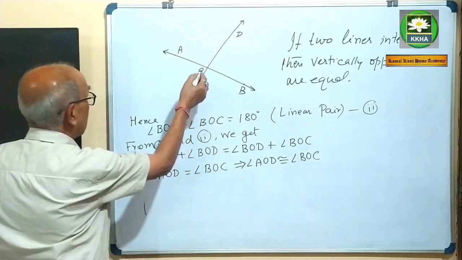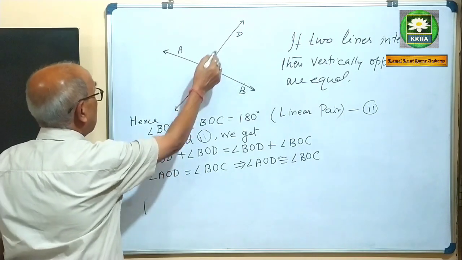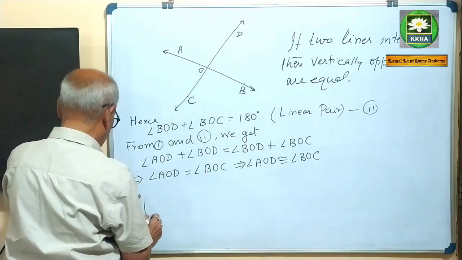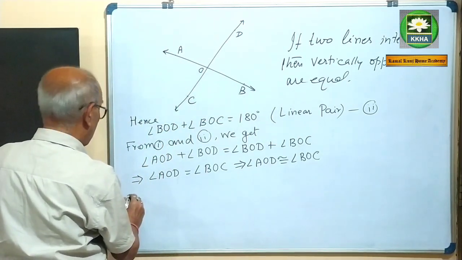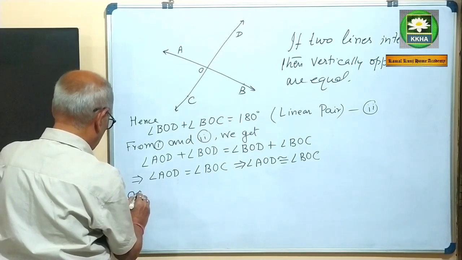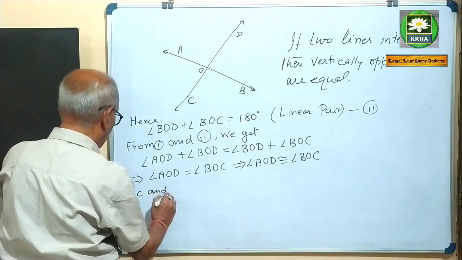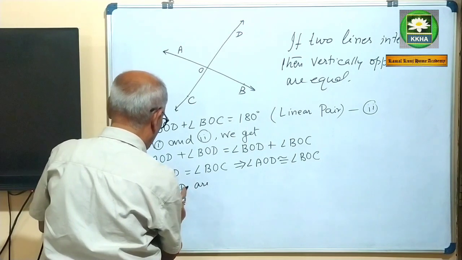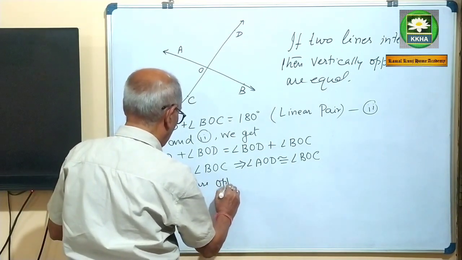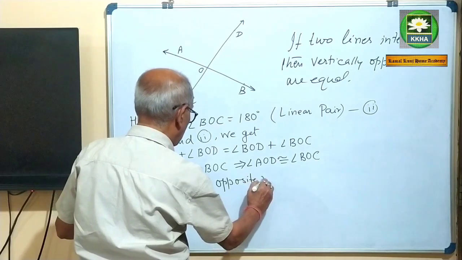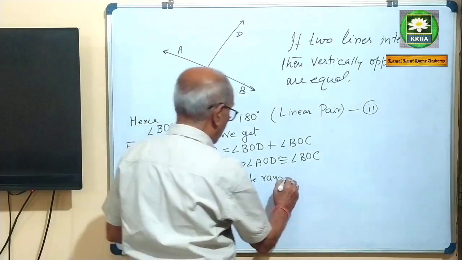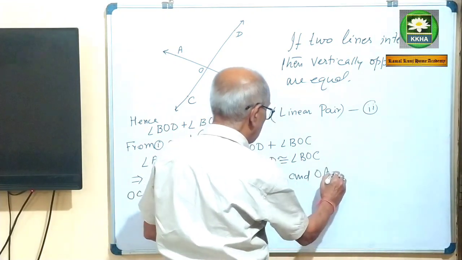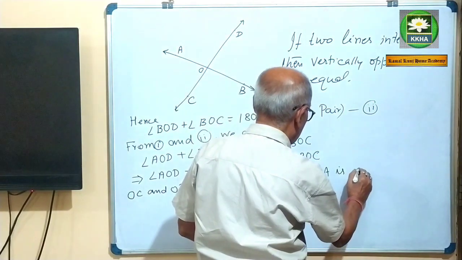For example, here OC and OD are opposite rays and OA is another ray.